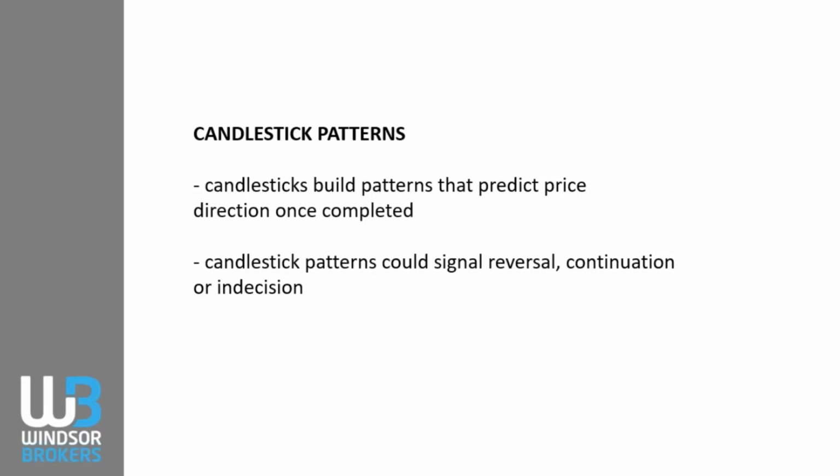Now we have patterns that are a single candle, like hammers or doji candles, and we have those that consist of 3-4 candles and need some time to be completed. So depending on the shape of the pattern, it could be either reversal, continuation, or indecision.